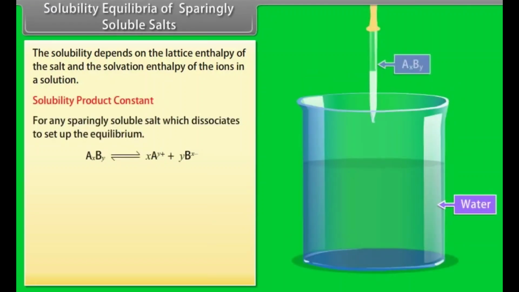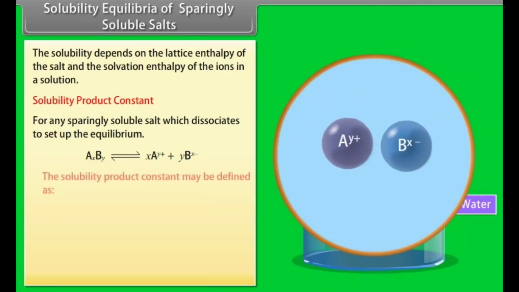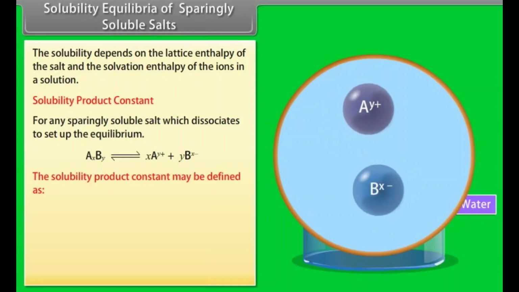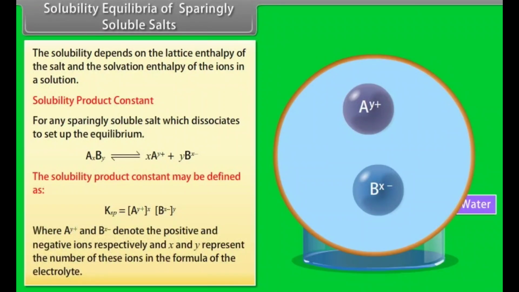For any sparingly soluble salt AxBy which dissociates to set up the equilibrium, the solubility product constant may be defined as Ksp = [A^y+]^x [B^x-]^y, where A^y+ and B^x- denote the positive and negative ions respectively, and x and y represent the number of these ions in the formula of the electrolyte.